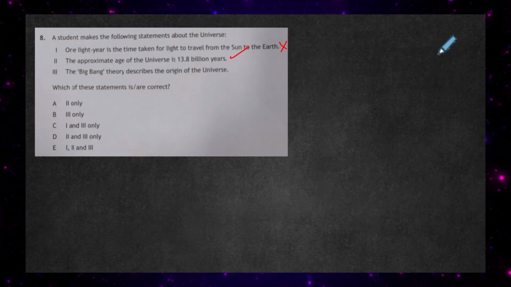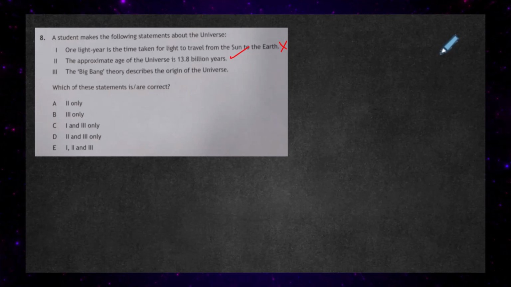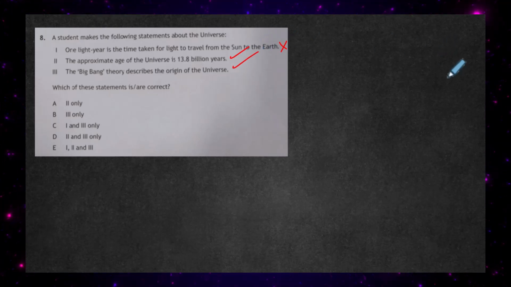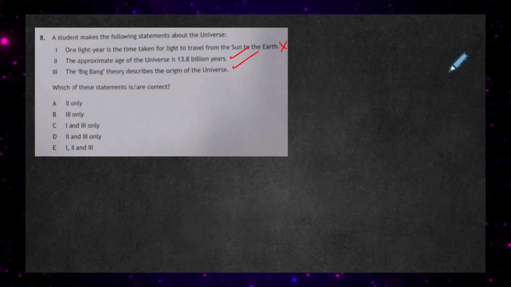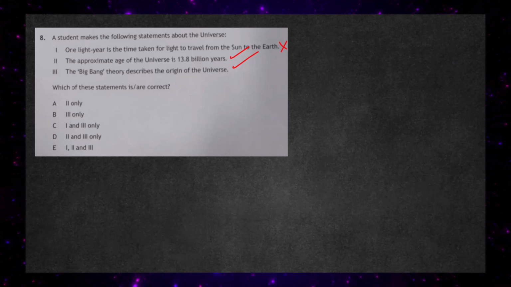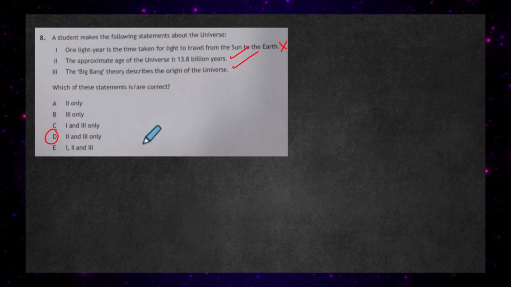The universe is approximately 13.8 billion years old. And Statement 3, the Big Bang Theory describes the origin of the universe. That's true. It describes how the universe started off as an infinitesimally small dot, and then it expanded into what we have today. So we've got Statement 2 and Statement 3 correct, and it looks like we're going to have an answer of 8D.